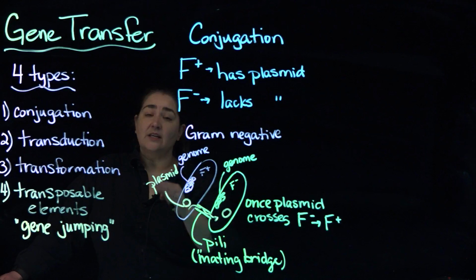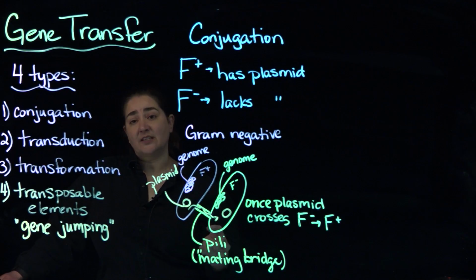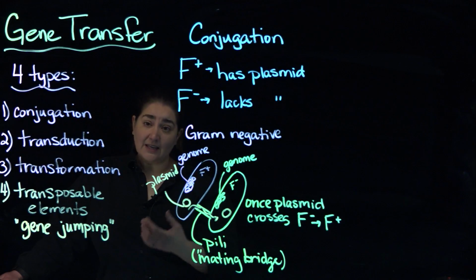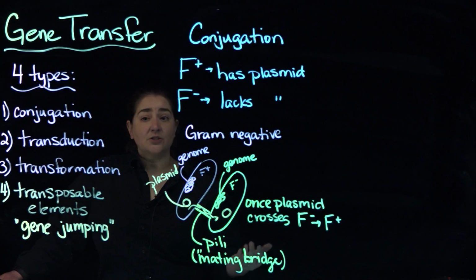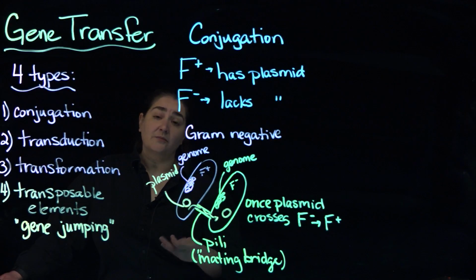Along with that ability, that's where you get additional genes that are going to be transferred on that plasmid, because there's going to be more than one gene associated with the plasmid, and some of those genes that are associated with the plasmid are going to be things that are advantageous for the bacteria, either being able to grow in environments that it normally can't, conferring additional advantages onto the bacteria, like virulence factors can also pass via a conjugation bridge or mating bridge in the case of the pili.